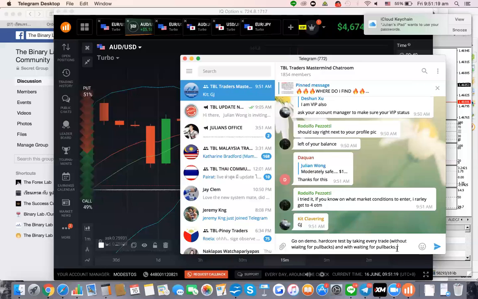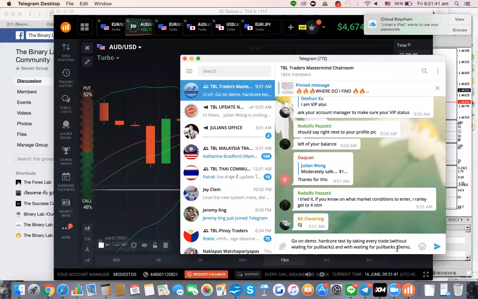If you're using demo accounts, yeah, exactly, Rodolfo, that's right. If you can filter it, you will very rarely get even to 6 levels, unless you are just entering every trade.